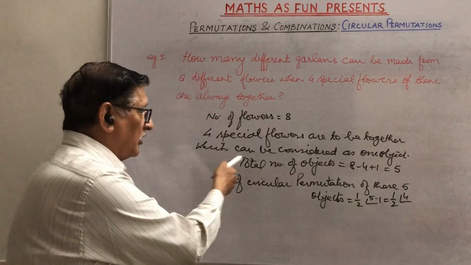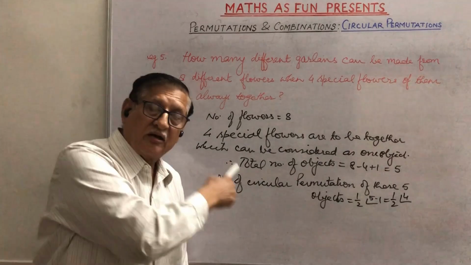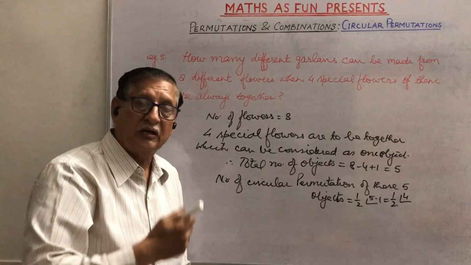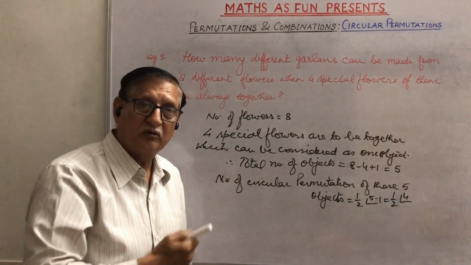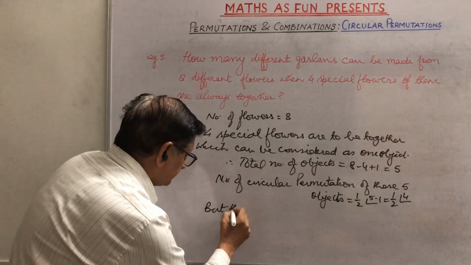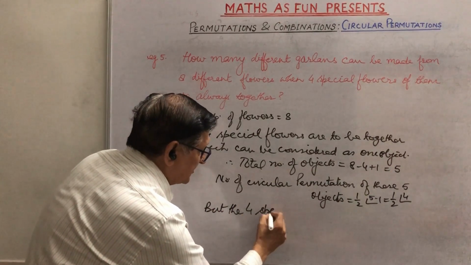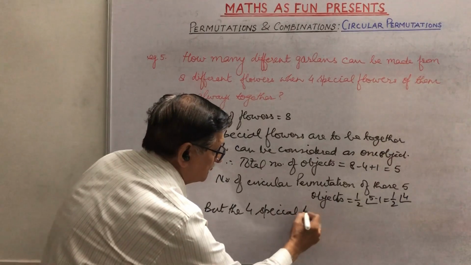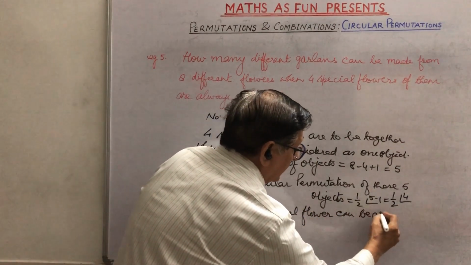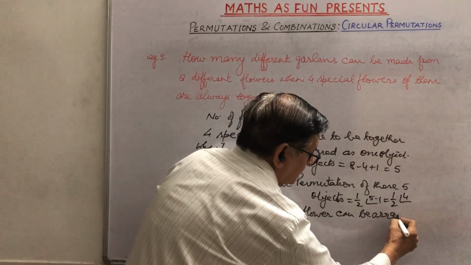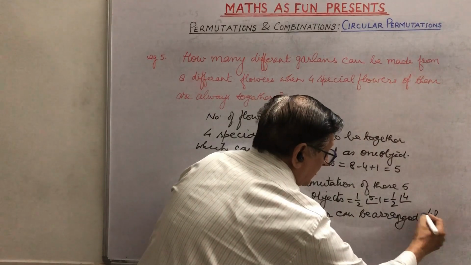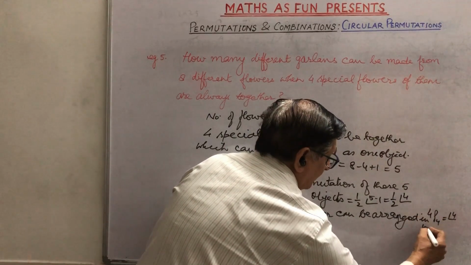But the 4 special flowers can be arranged in 4P4, that is equal to factorial 4 ways.